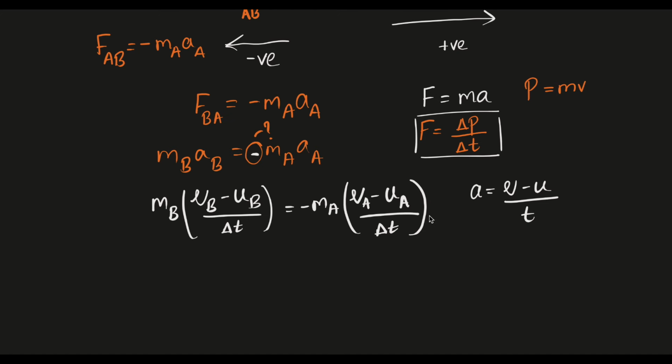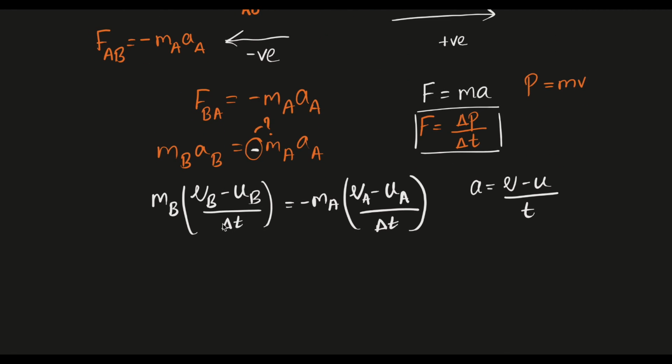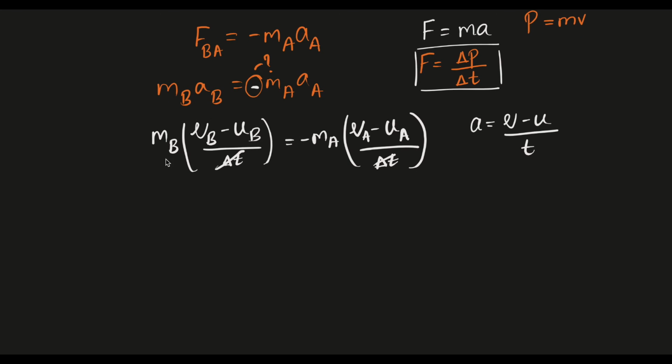See, in Newton's third law, these forces act for the same exact time. So I can definitely cut these times, because if you multiply this entire equation by this change in time, you can cut it, right? So now let's distribute all of these masses.